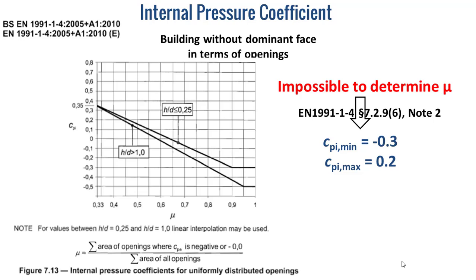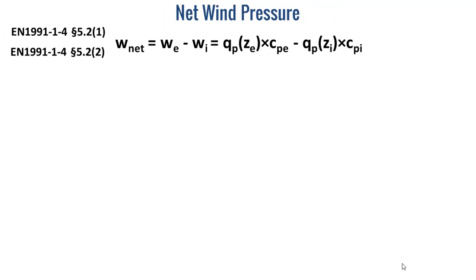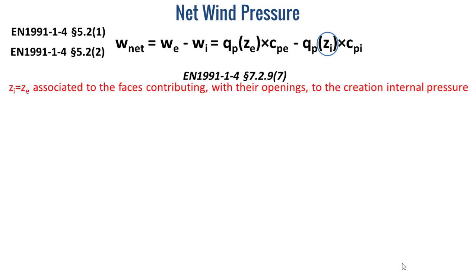equal to 0.2. Finally, we determine the net wind pressure as the difference between the external wind pressure and the internal wind pressure. And the wind pressure is determined as the peak velocity pressure QP multiplied by the pressure coefficient. And here, Zi, which is the internal reference height, will be equal to the external reference height ZE associated to the faces that contribute with their openings to the creation of the internal pressure.